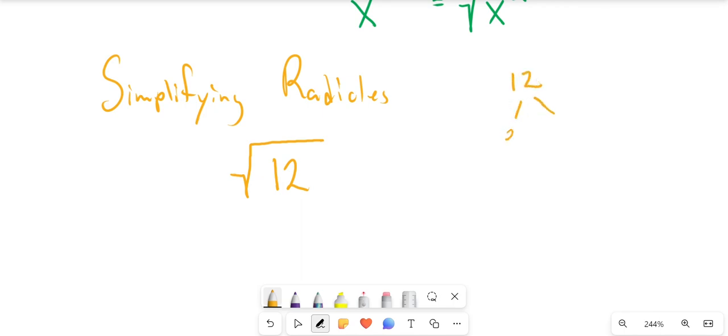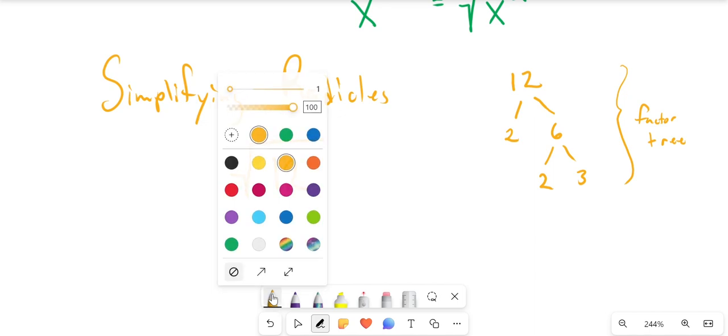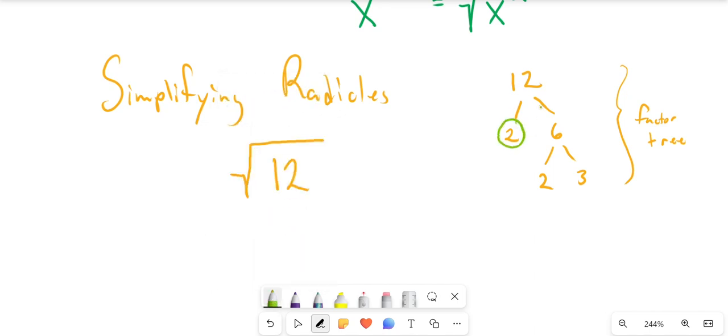They break down into 2 times 6, and this 6 breaks down. 6 is 2 times 3. This is called a factor tree. Right? And it's a nice way of seeing what primes are involved in my number. So, for example, this 12 is literally 2 times 2 times 3.